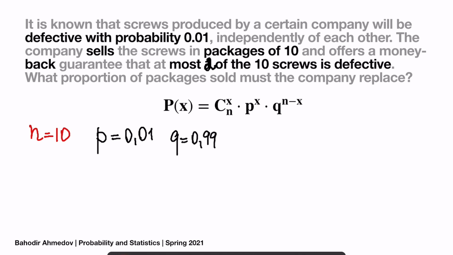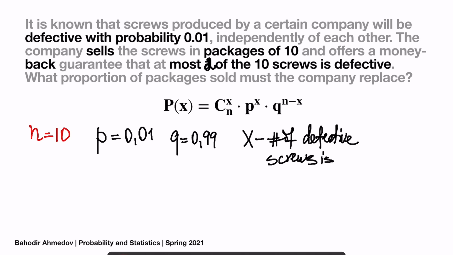And now x, the number of defective screws, has the binomial distribution, it is a binomial variable. And we can easily use the formula for that.